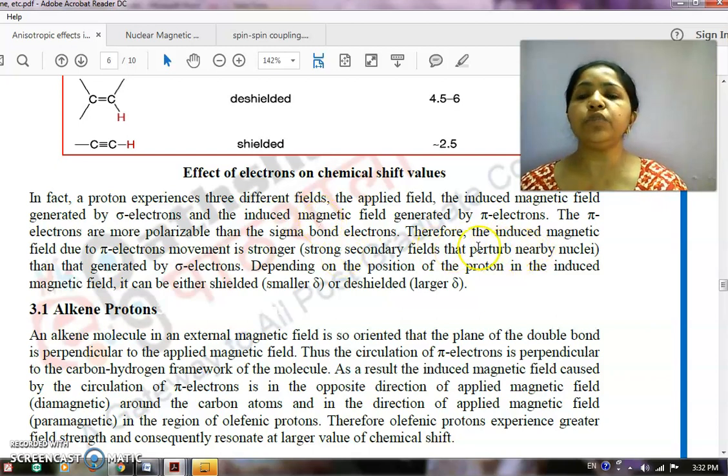Therefore, the induced magnetic field due to the pi electrons' movement is stronger, a strong secondary field that perturbs nearby nuclei more than that generated by the sigma electrons. Depending on the position of protons in the induced magnetic field, it can be either shielded, meaning small delta value, or de-shielded, meaning large delta value.